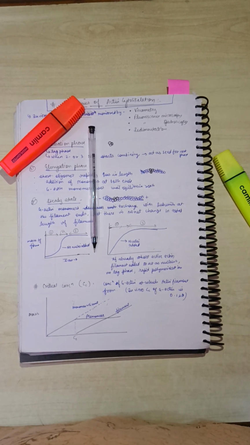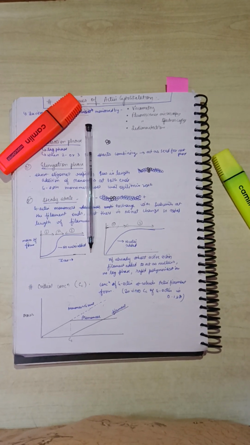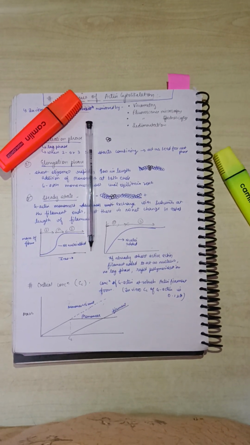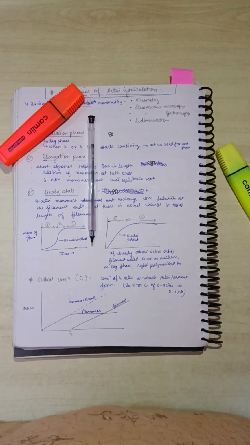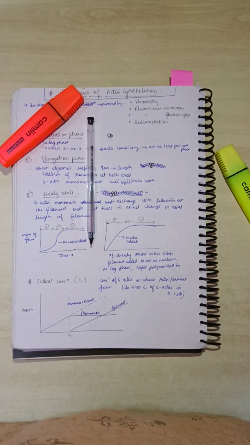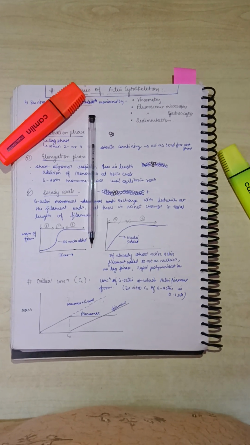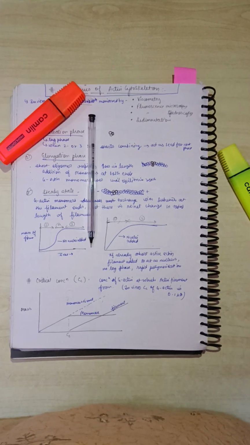In this graph, if the critical concentration of G-actin is already there in the cell, then there would be formation of the actin filament.